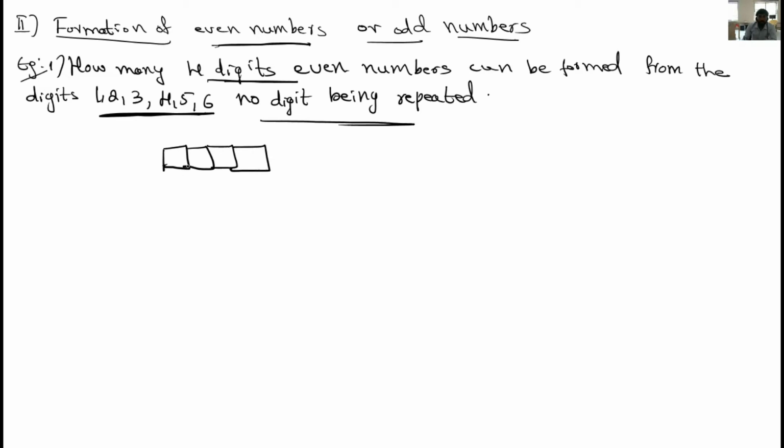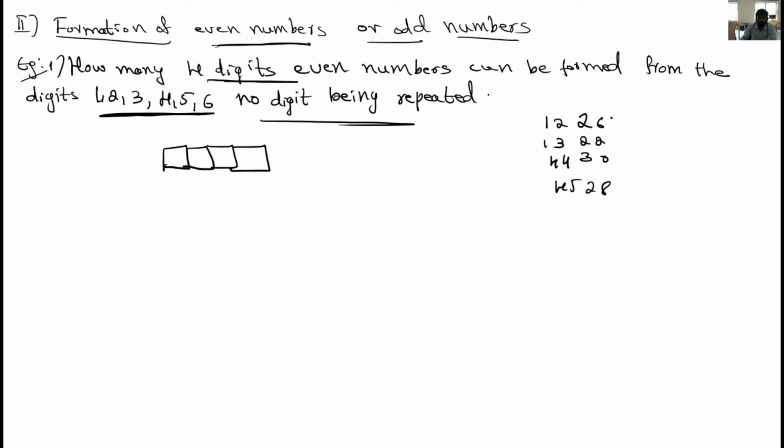Okay, but the given condition is you need to construct even numbers. Take any even number, see 2622, 30, or take 4 digit numbers 1216, 1322, 4430, 4528. All these are 4 digit even numbers.